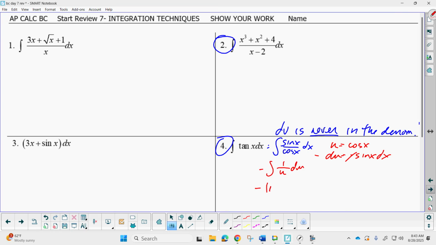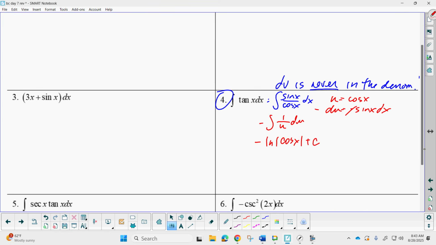What did you get? Negative log of the absolute value of cosine. Yes? Okay, now that is not the more common form you'd see. You wouldn't see that in the back of the book, nor would you see that in a multiple choice. It is, however, equivalent to this if you put the -1 up. Now that notation is always a gotcha. Is that -1 for exponent or -1 for inverse?